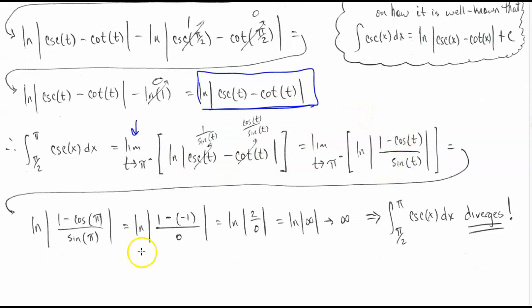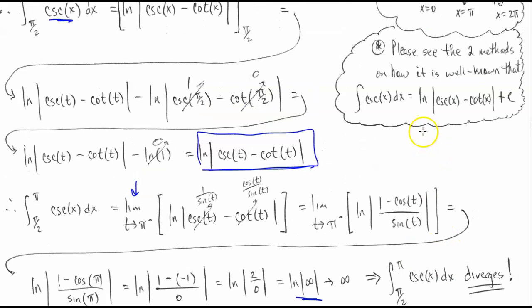I get it into that form, and then I essentially just plug in pi wherever I see t, and we see that in this case we still end up getting a natural log of absolute value of infinity, which ends up being infinity. And since infinity is not a real number, we know that this particular improper integral will diverge.